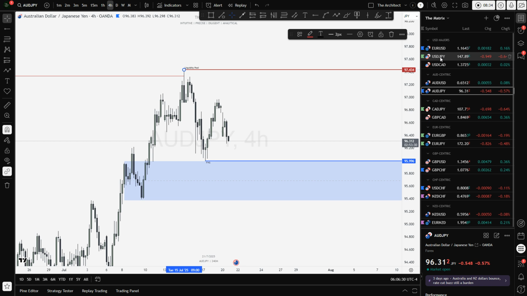In fact, I shouldn't be trading any other pair that either has USD or JPY in it. So you don't want to be finding yourself trading the same idea because most of these pairs, in fact, trade with an 80 to 90% correlation. So if you're trading the same direction, the same type of price action, you're basically doubling your risk on a single idea. I don't know if that makes sense.